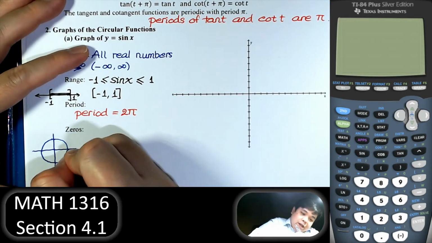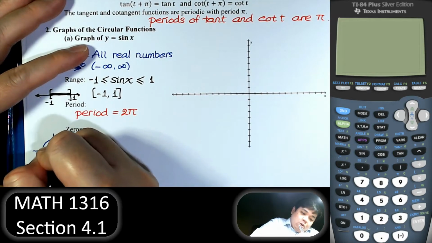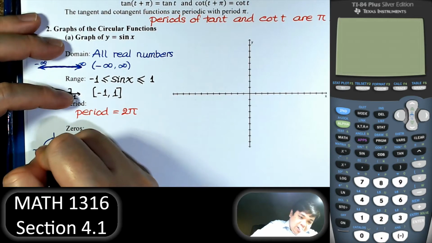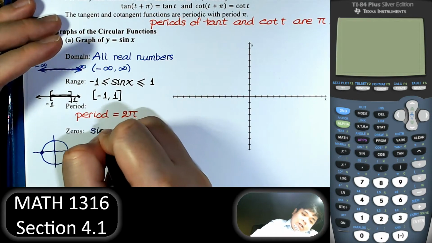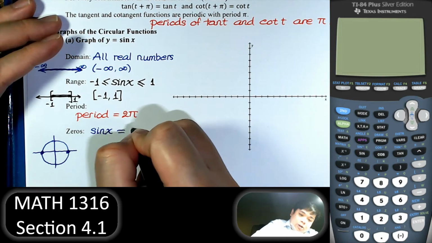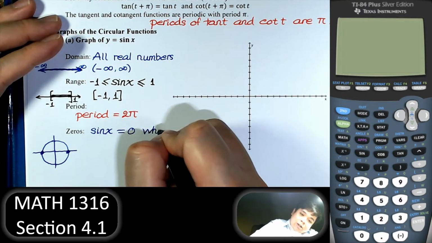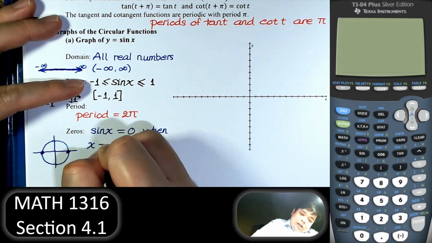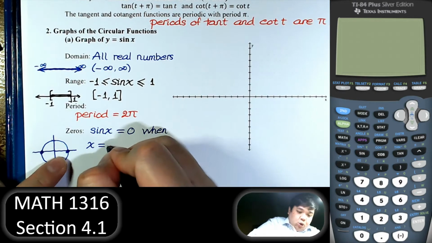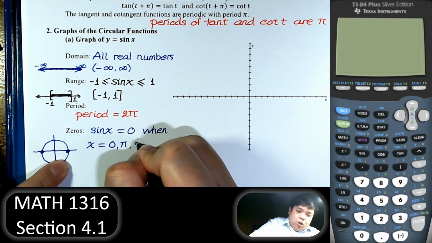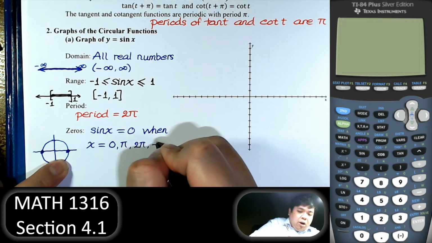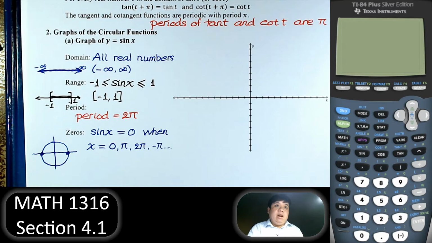And this is where the y equal to 0. So sine x equal to 0 when x equal to 0, or pi, or 2 pi, or -pi. So on those values, y equal to 0, sine equal to 0.